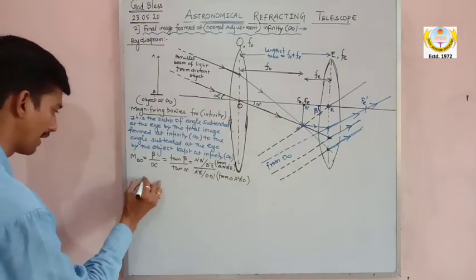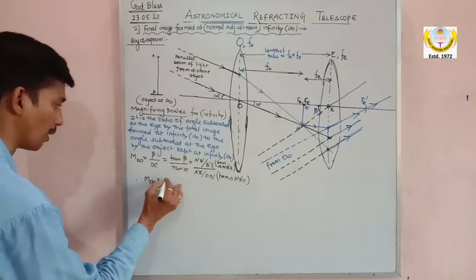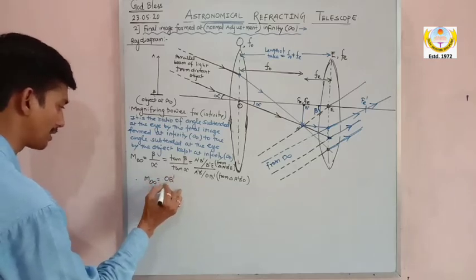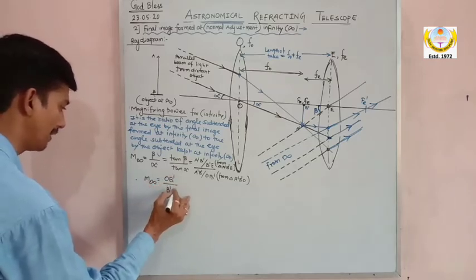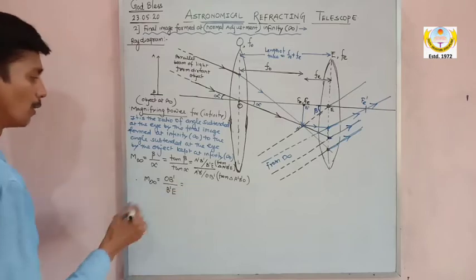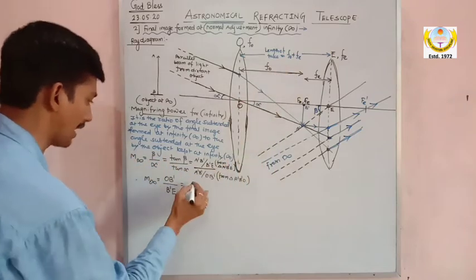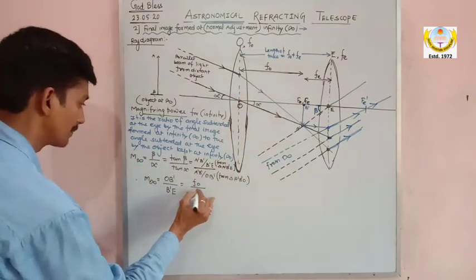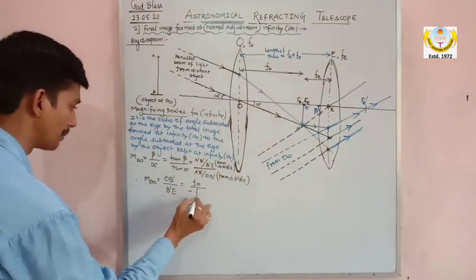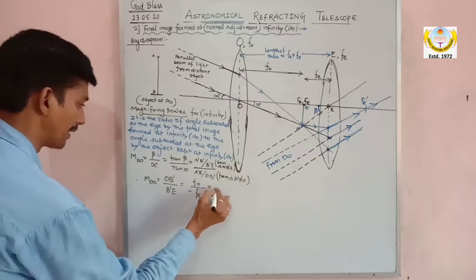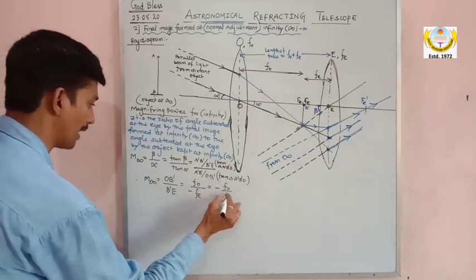So here my dear, m at infinity will be what? This is OB dash upon B dash E. Now here OB dash, you all can see OB dash is fo, and B dash E is minus fe. It can be written as minus fo upon fe.